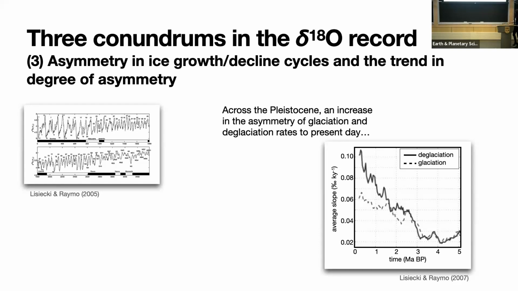What you see here is the rate of deglaciation and glaciation. Moving from 2.5 million years ago to present, these track until towards the last million years, they start to diverge, where deglaciation exceeds rates of glaciation. And so that's the next thing I'll talk about.